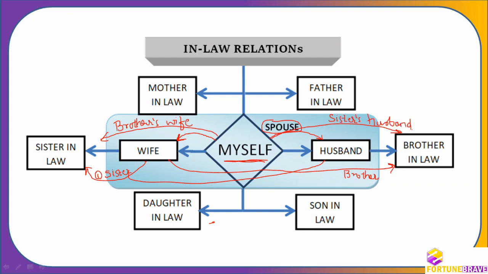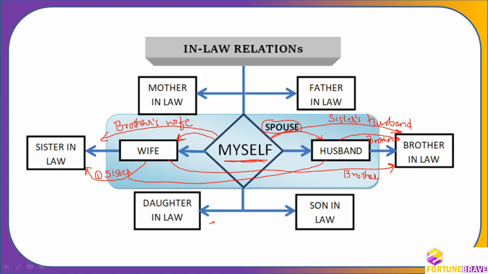My wife's brother is brother-in-law. My sister's husband is brother-in-law. And if you are a female, then your husband's brother is your brother-in-law, and you are his sister-in-law. Clear? It should be clear, I think.